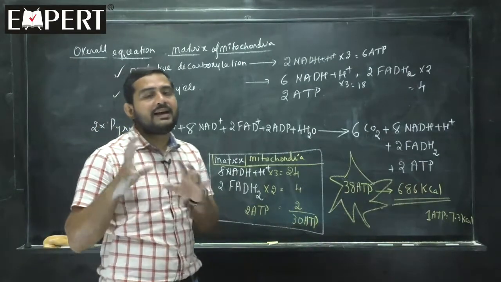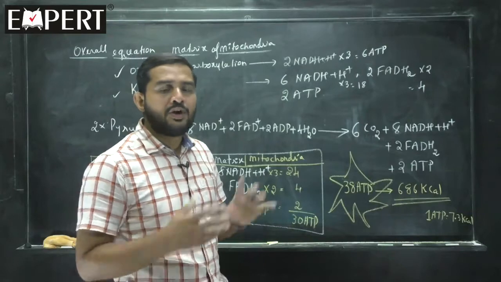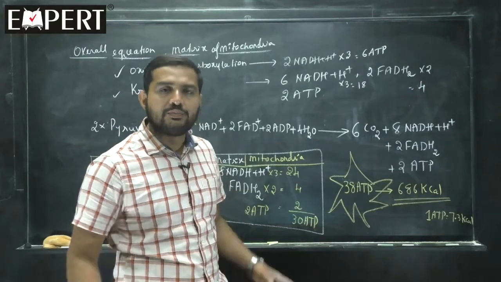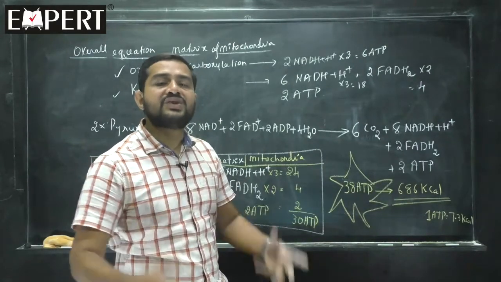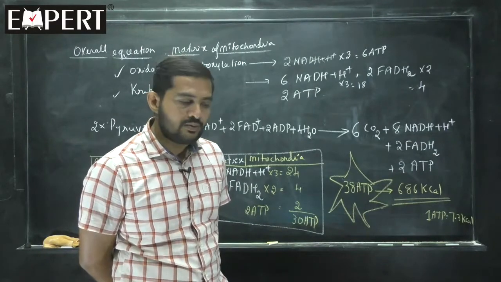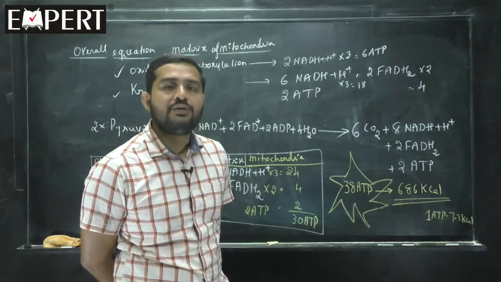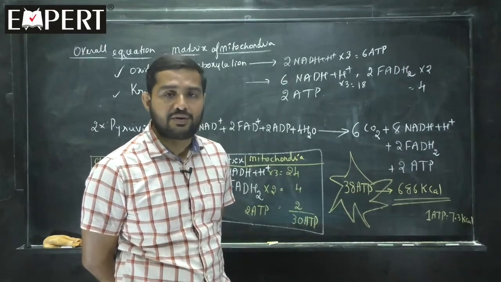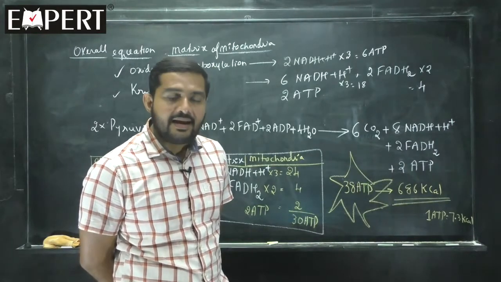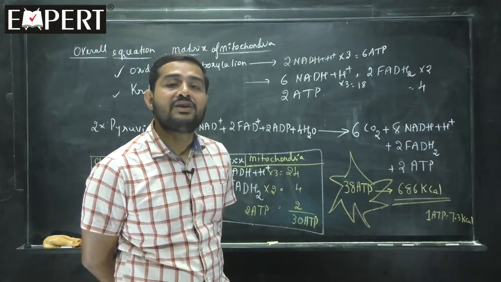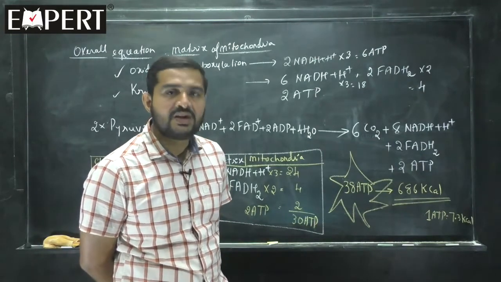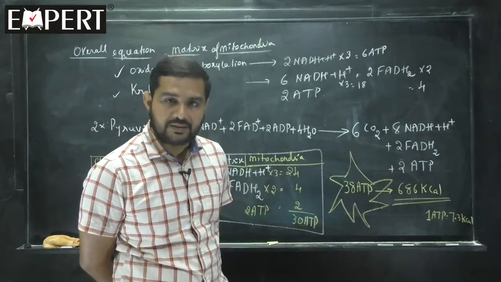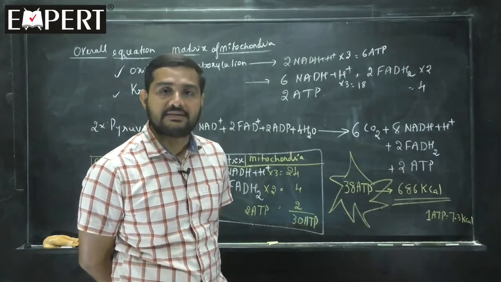So, 10 NADH plus H plus and 2 FADH2 both undergo the next event called oxidative phosphorylation. During that process, they undergo oxidation, they remove the electron and proton from them, and that ultimately leads to the chemiosmotic hypothesis to form 34 ATP. That event we will discuss now.